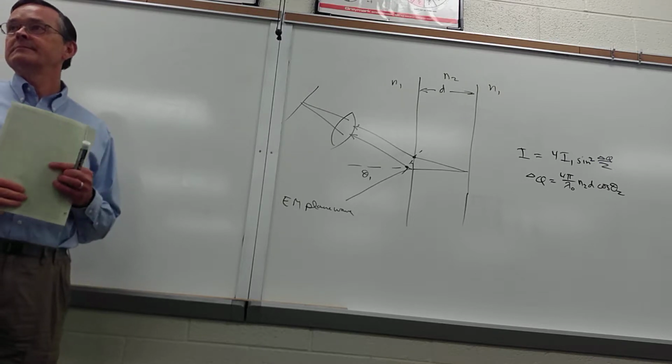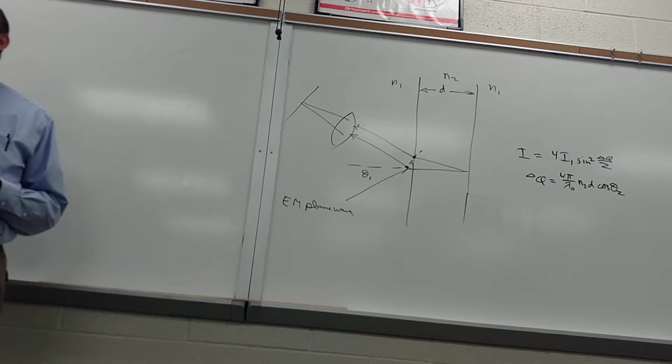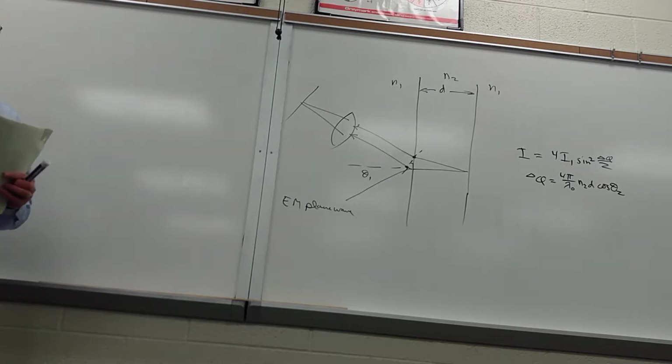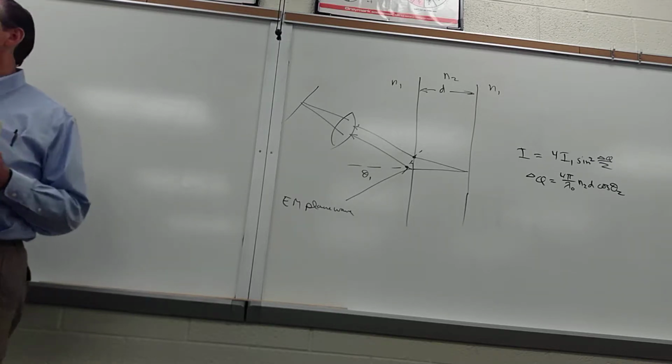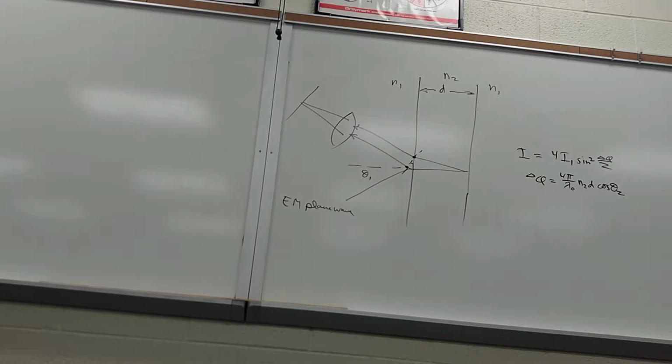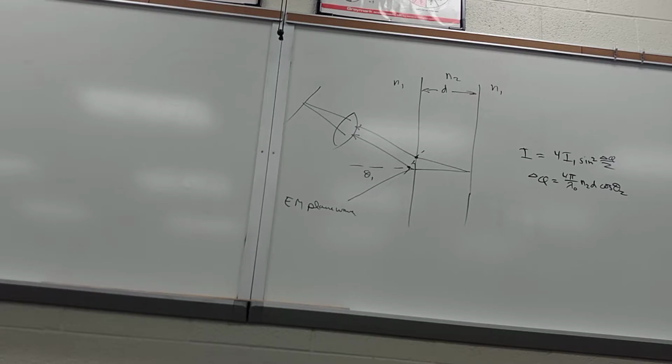Incredibly thick in relation to the coherence length. So if you have a coherence length of, say, 2 meters, and a 1 millimeter thick piece of glass or quarter-inch thick piece of glass, it's going to be coherent. If you have a coherence length of, say, 10 microns, well, it won't be coherent. Okay.